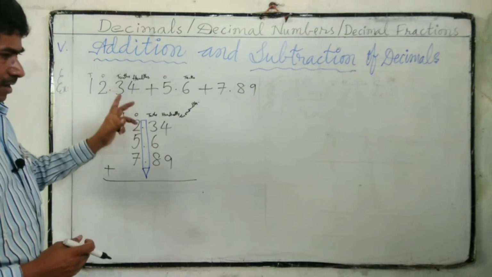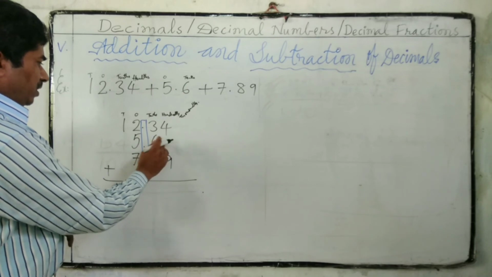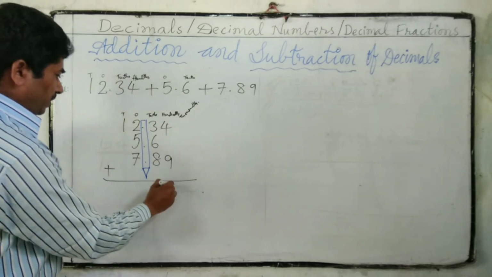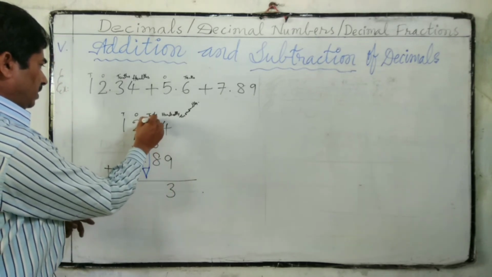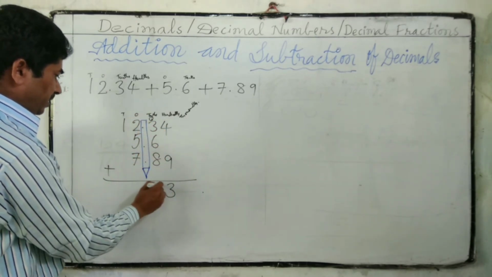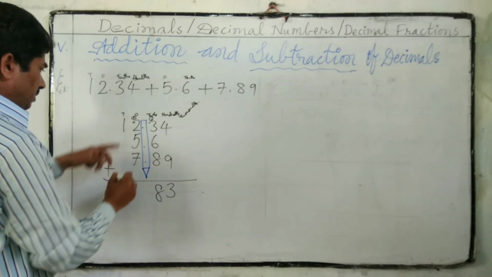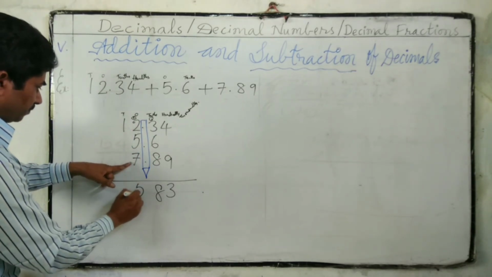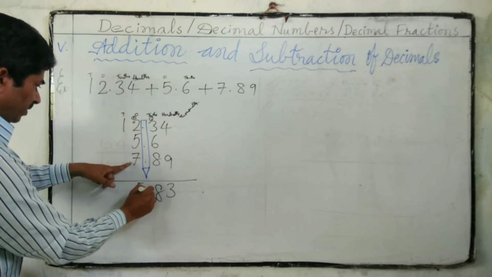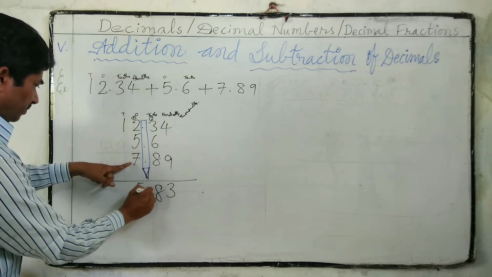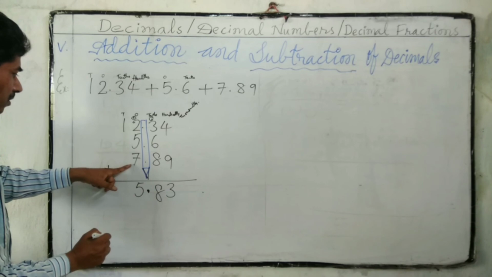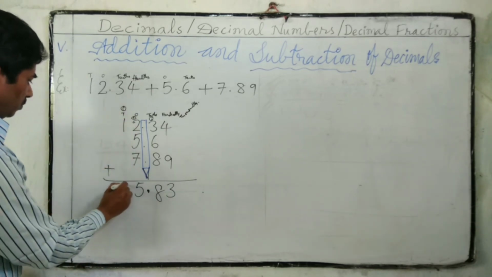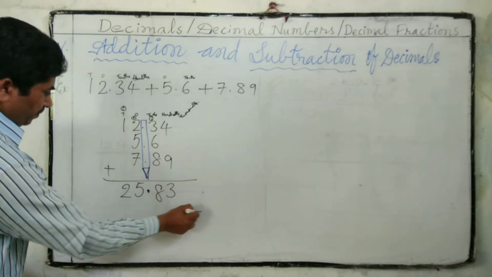We can add simply like this without keeping 0 also. Here we can add: 13, 1, 4, 10, 18, 3, 8, 15. We have to keep decimal point straight. 25.83.